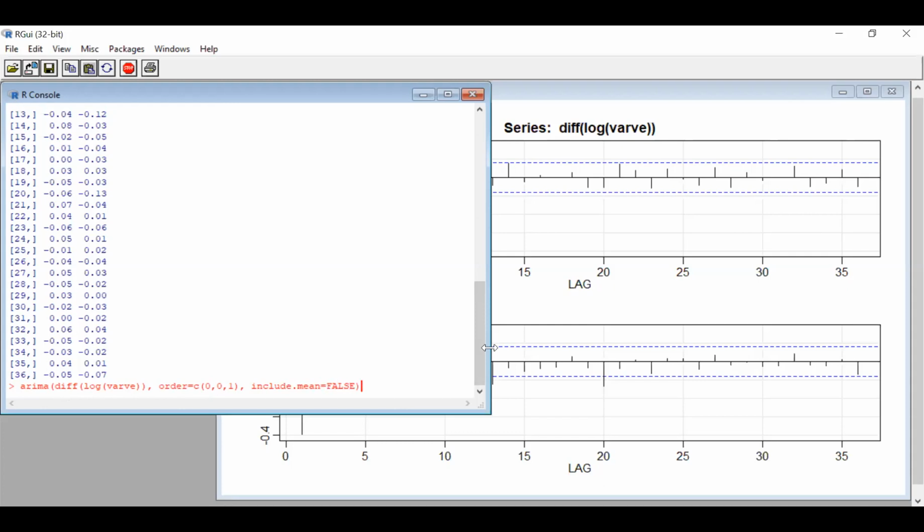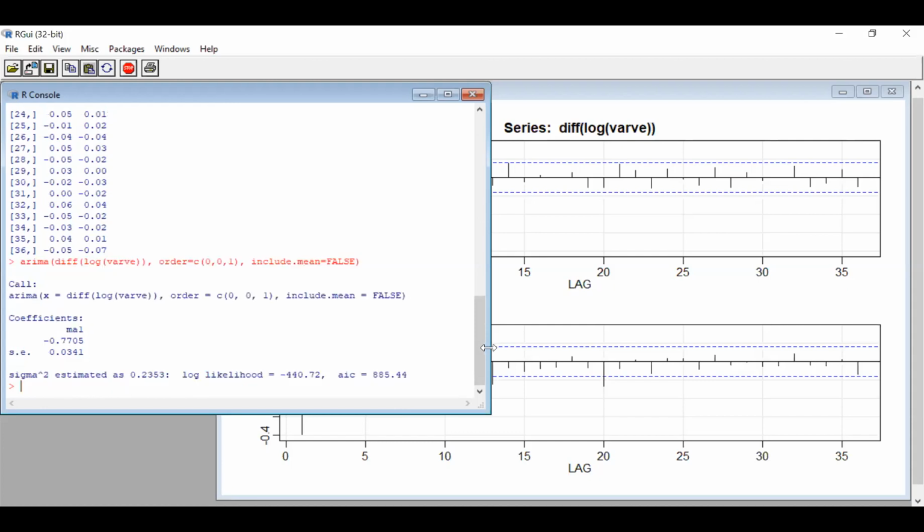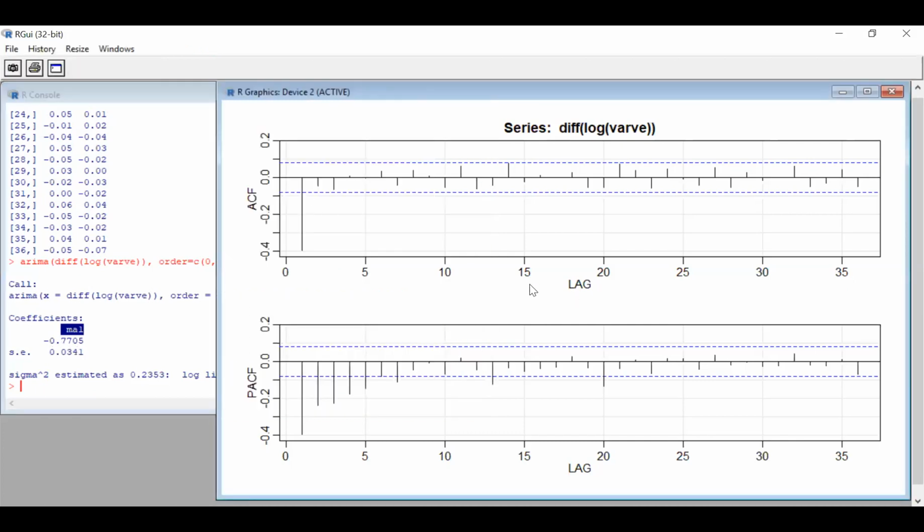If you don't put this option, include mean, then in the output you can see another estimate of the intercept, the constant. So now I just put only the MA1. It's only one MA parameter. It is negative 0.705. Can you see that? This one is negative.